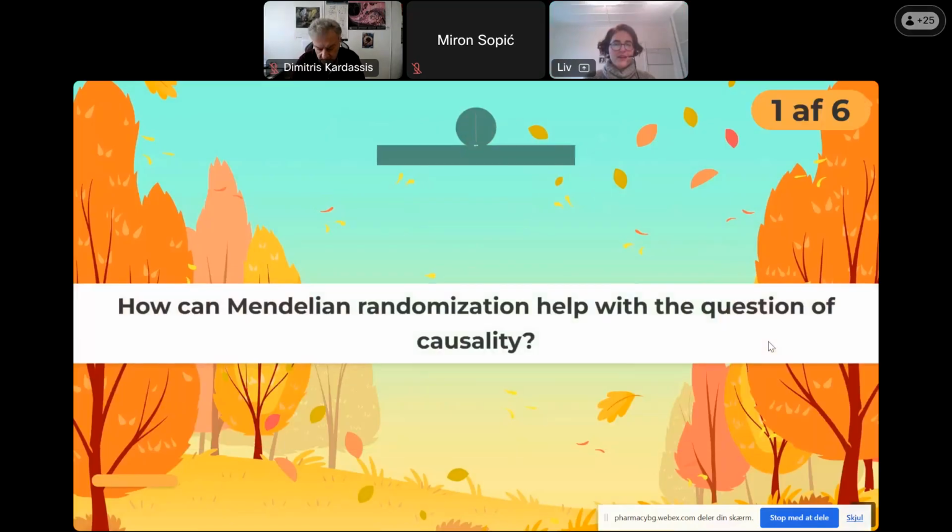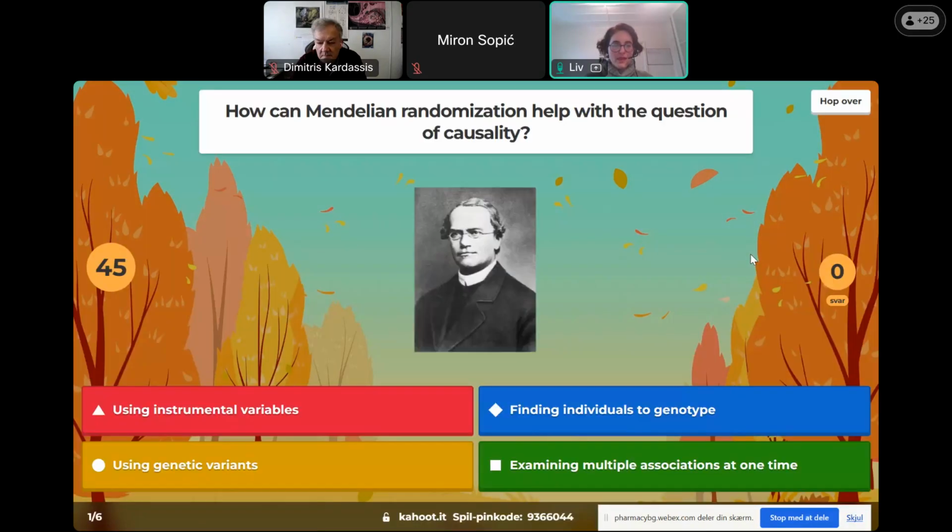First question. How can Mendelian randomization help with the question of causality? Using instrumental variables, finding individuals to genotype, using genetic variants, or examining multiple associations at one time. There can be several correct answers, and you get points for being fast and for answering correctly.